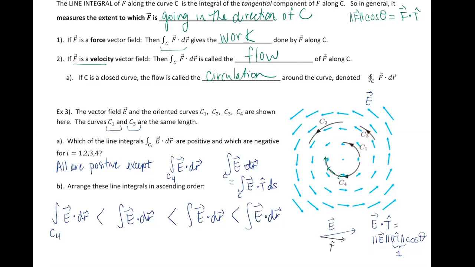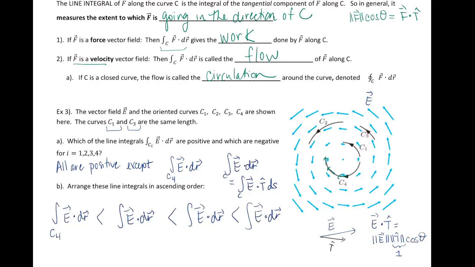Okay, now we also need to compare C2. It appears to me that C3 and C2 are kind of along the same trajectory. So I would expect the angle between this blue vector and my tangent vector here to be pretty much 0 also for C2. And it looks like the magnitudes of my blue vectors are the same on C3 and C2. So I would expect this and this to be roughly the same for C3 and C2.